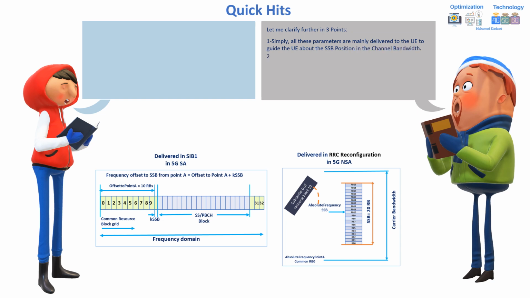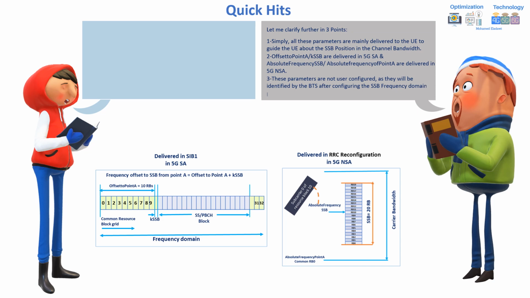Offset point A/KSSB are delivered in 5G SA, and absolute frequency SSB/absolute frequency point A are delivered in 5G NSA. 3. These parameters are not user configured, as they will be identified by the BTS after configuring the SSB frequency domain position.